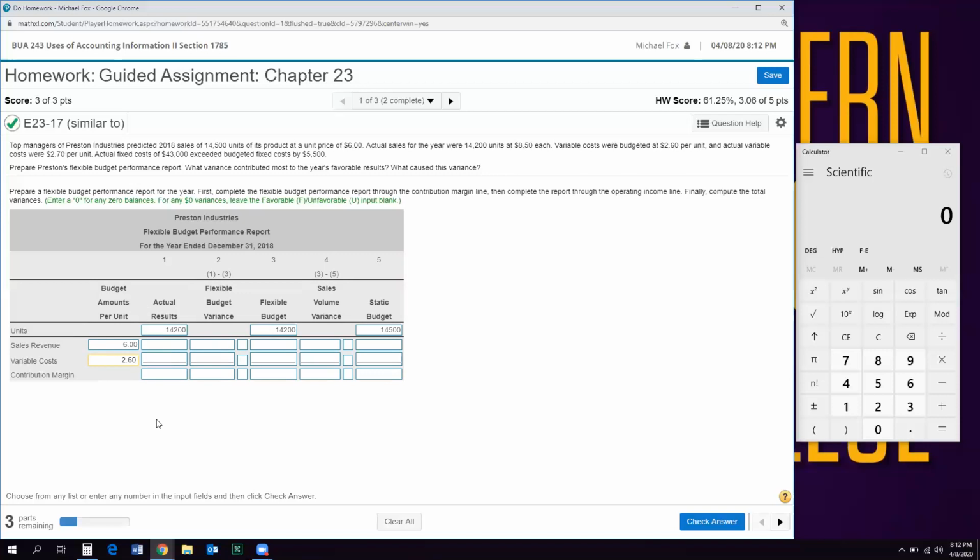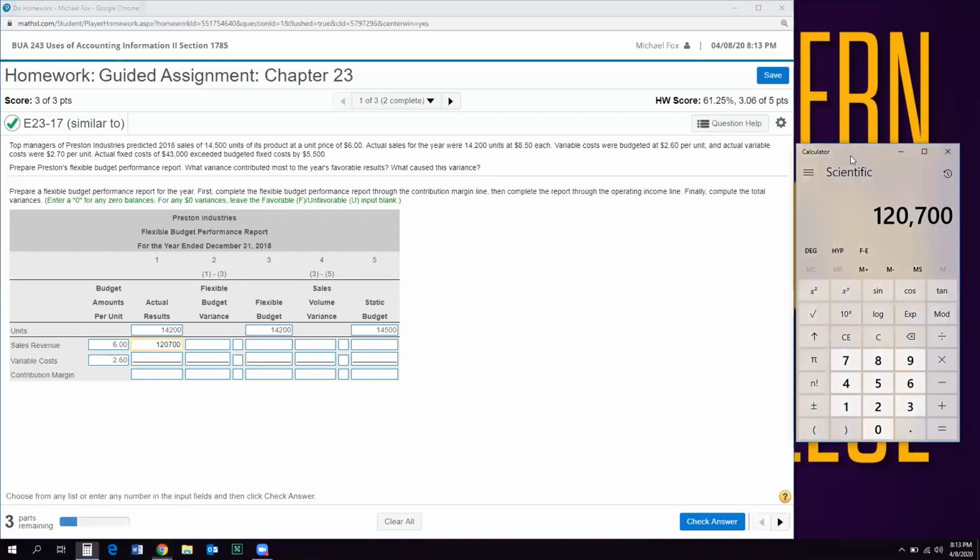So we'll start with our actual results. The actual sales for the year were 14,200 units at $8.50 each. So 14,200 times $8.50 is our actual sales revenue of 120,700. Our variable costs were budgeted at $2.60 per unit, but the actual variable costs were $2.70 per unit.